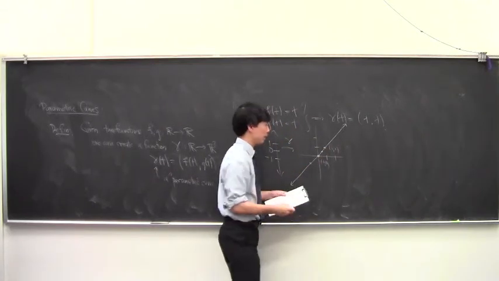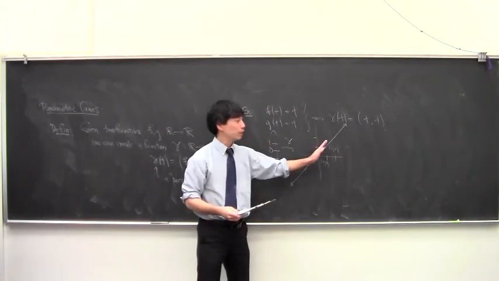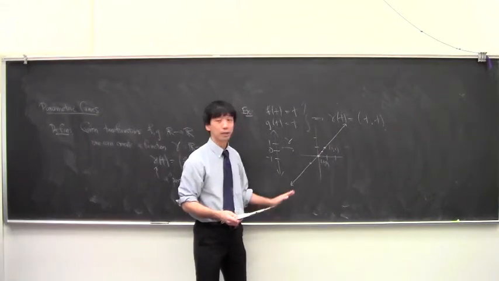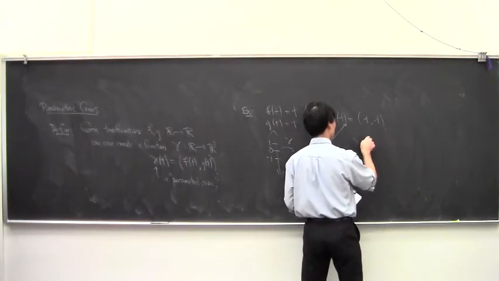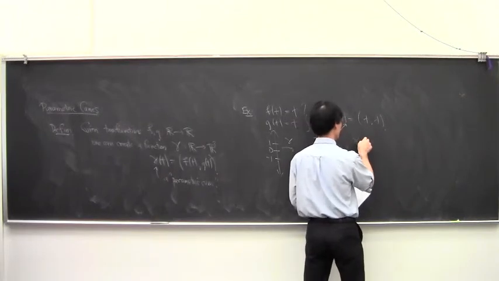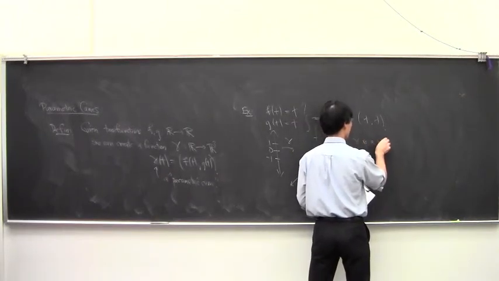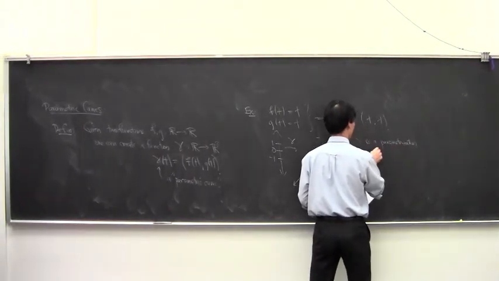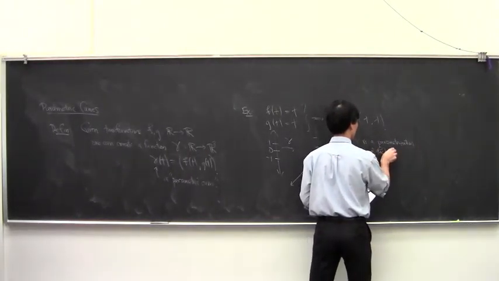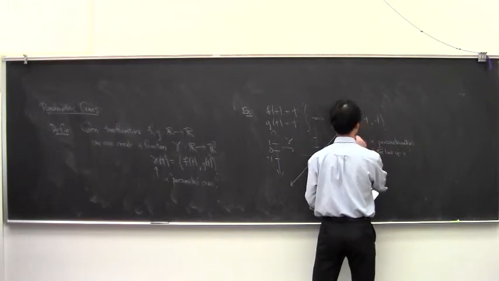It moves along this line. So the language for this is that this is a parameterization of the line y equals x.